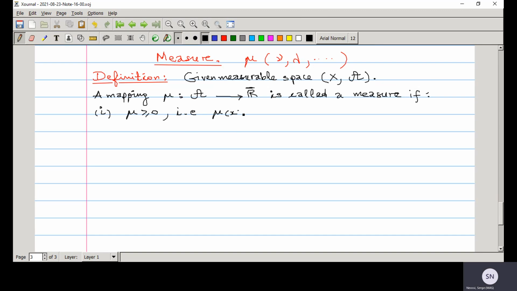I can say mu of a, or mu of whatever you call x, to be rigorous, belongs to the interval 0, infinity, for any a in the sigma algebra. So that's what it needs to be: positive.